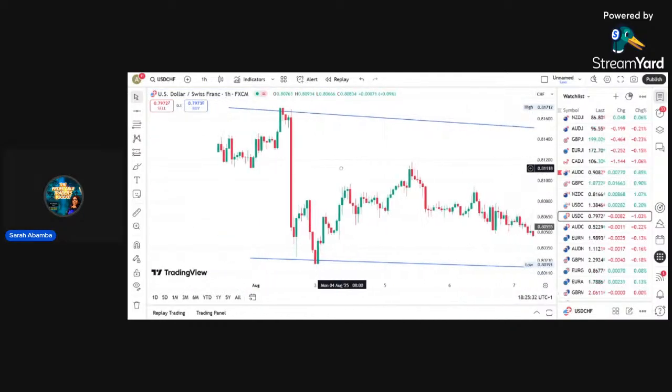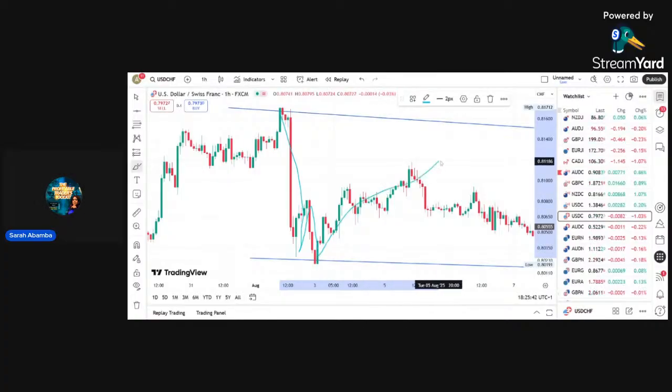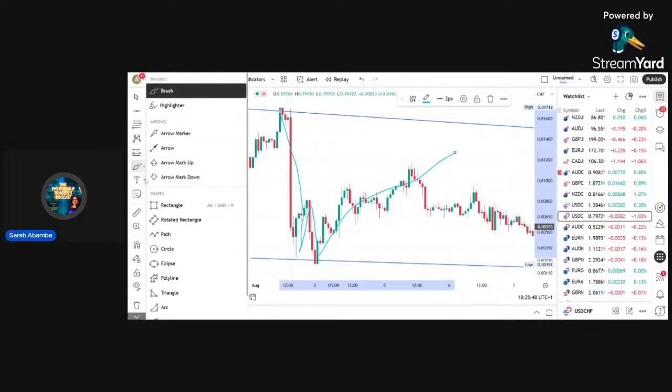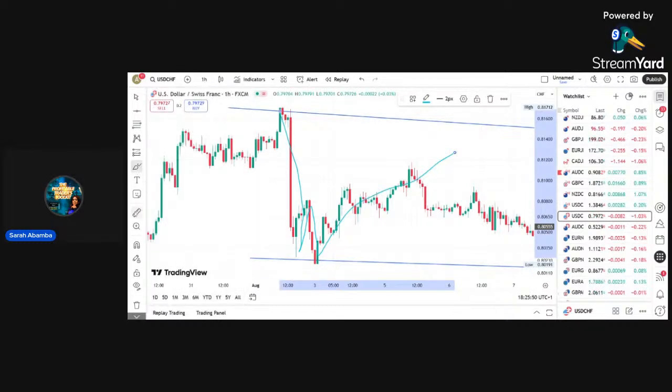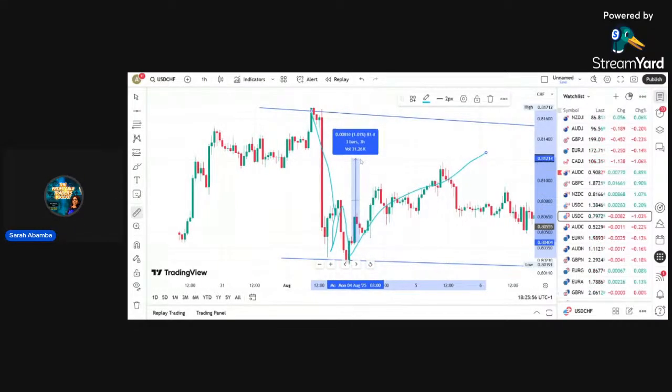Okay, this one is. You see that the market was actually coming down, and then it went up, came down, and it went up. If you do a pip count, this will give you a reasonable number of pips. From here to the first stop is 81 pips.